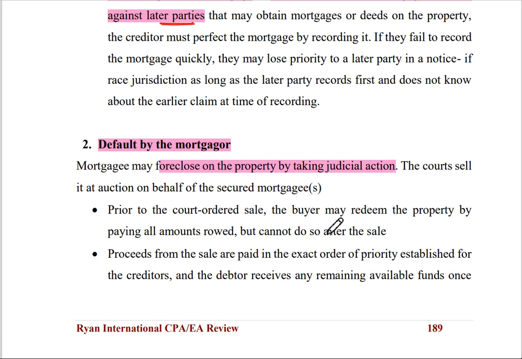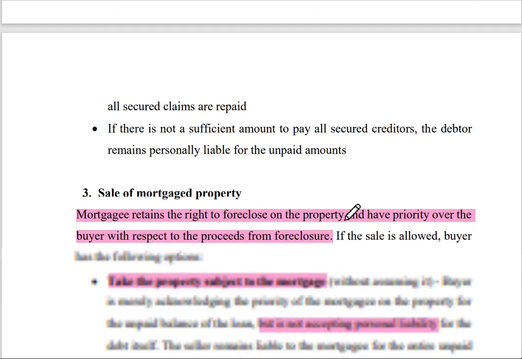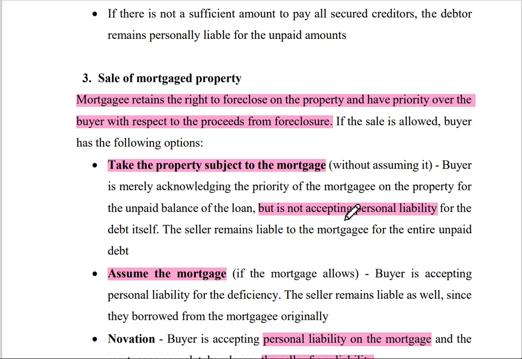Now, if the debtor or the mortgagor, the borrower, defaults on the loan, the mortgagee can foreclose the property by taking judicial action. So the mortgagee can sell the property, and probably a new buyer comes.